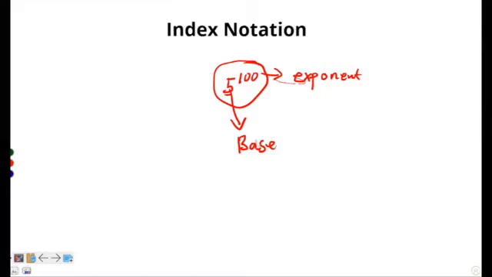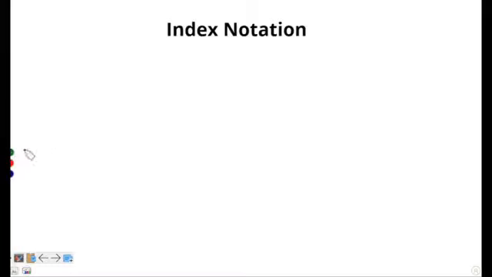We are also going to look at indices that have a power of a fraction, and zero indices. In short, we are going to look at the laws of indices. It's very important that you understand. So first, we are going to look at the laws of indices.